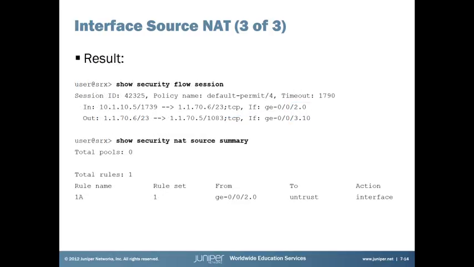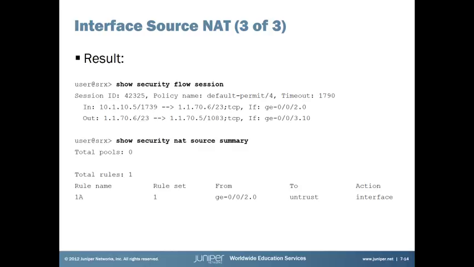Okay, so the result of that is, this is our show security flow session, and what we see is the incoming address into our NAT process is 10.1.10.5, and that's getting translated to 1.1.70.6 over there.